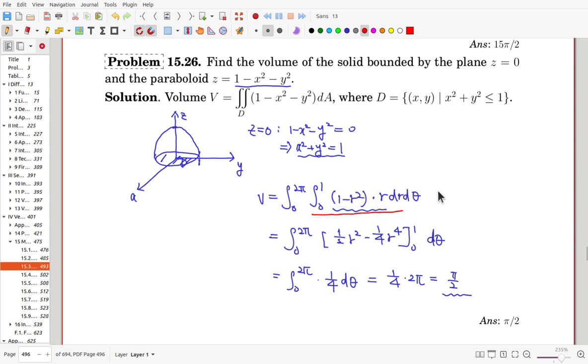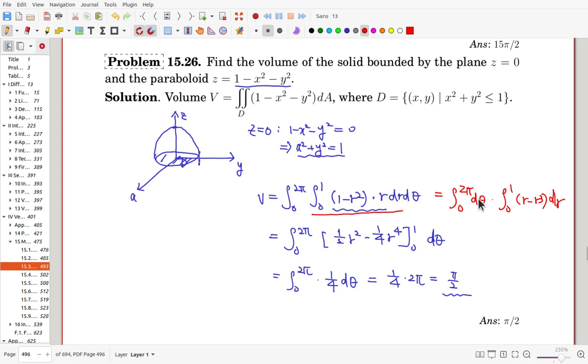So from this one, you may think here, integral from 0 to 2 pi d theta times integral from 0 to 1 of r minus r cubed dr. You may consider it in this way, this is theta independent, or separable.